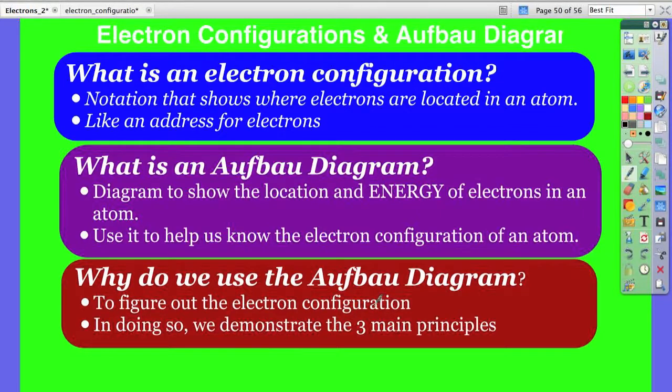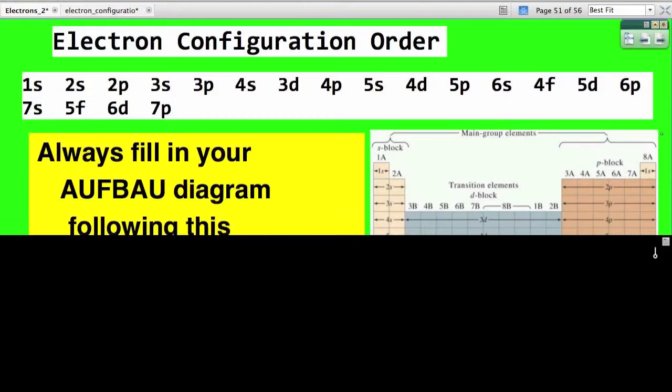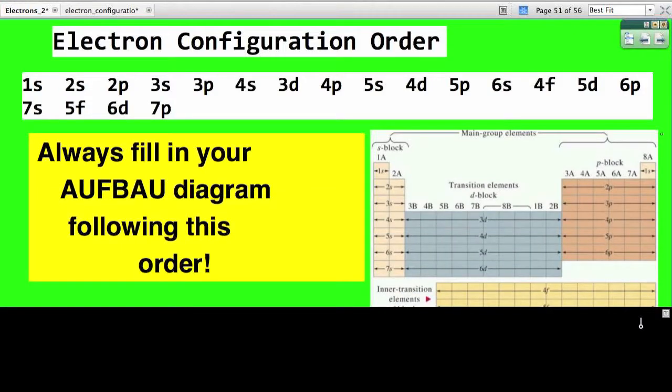Here we can explain it with the Aufbau diagram. We're always filling in our Aufbau diagram in this order: 1s, 2s, 2p, 3s, 3p, 4s, then 3d, 4p, and we continue with 5s, 4d, then 5p, then 6s, then we continue with the 6p, 7s.